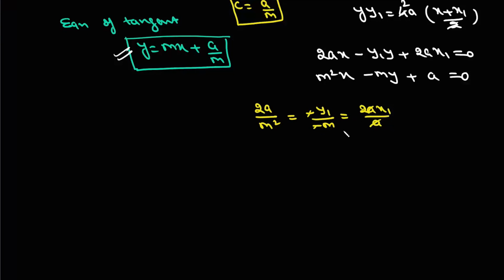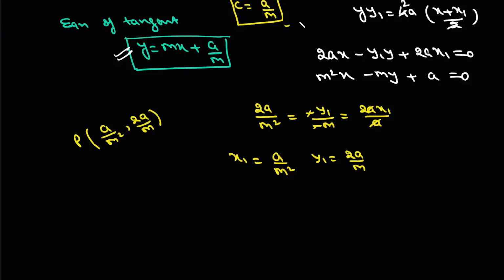So we'll get x1 as a by m square and y1 as 2a by m. So this point of contact will be a by m square comma 2a by m. So that is the result for the parabola. So we have the condition of tangency, equation of tangent, and point of contact.